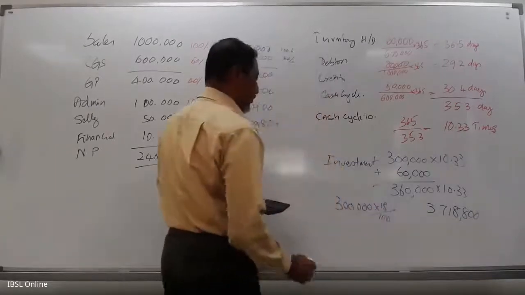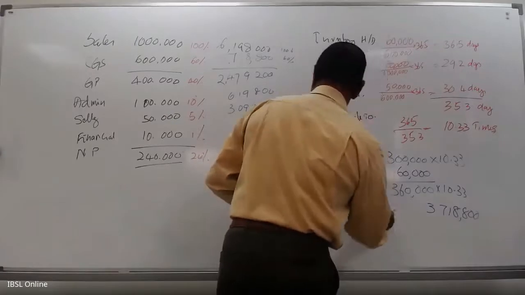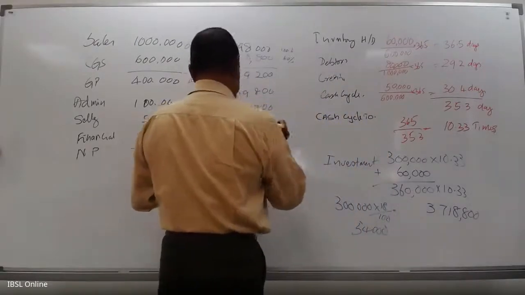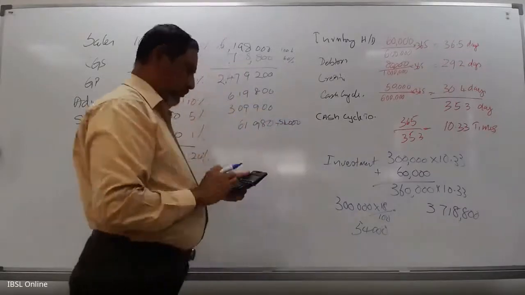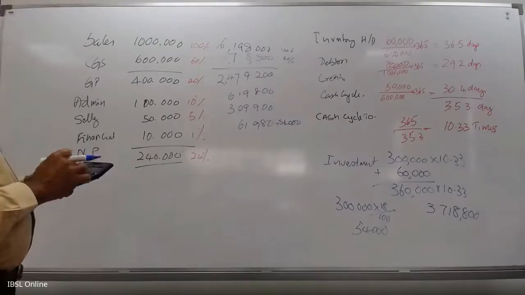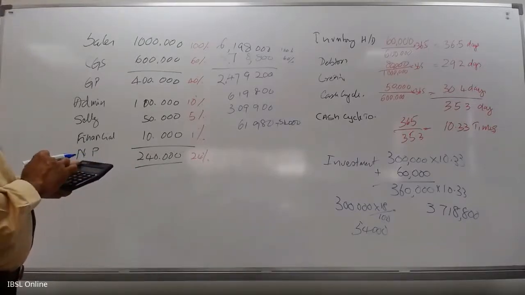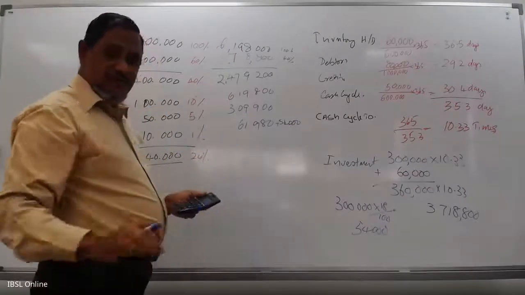Here 54,000. That's 54,000. $61,108 plus 54, 115,000.